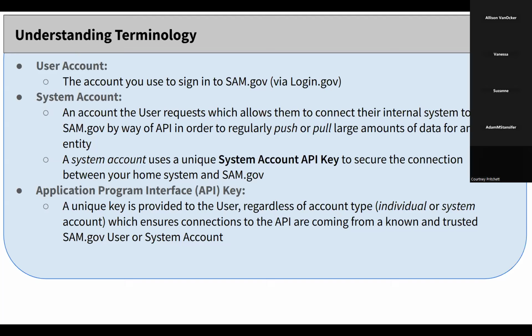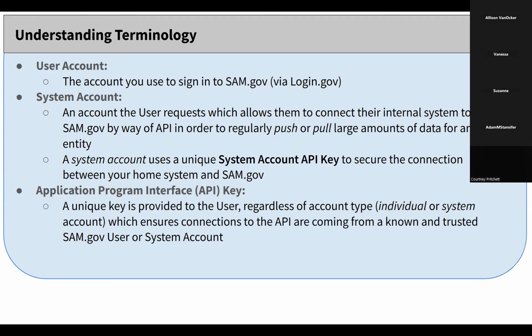A system account uses a system account API key to secure the connection between the home system, which would be your internal system, and SAM.gov, which is the federal government system. So that API key, again, is generated by SAM, and it is a way to be sure, from a security perspective, that the system that is connecting the request is originating from the specific system account that has been created.